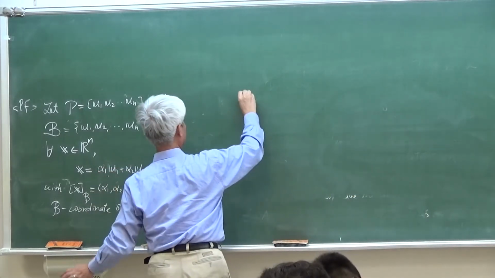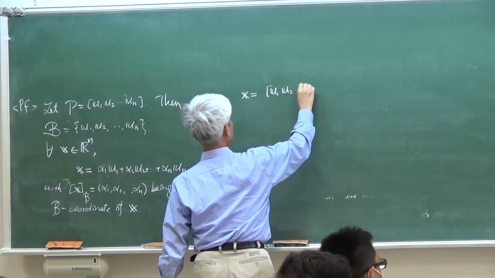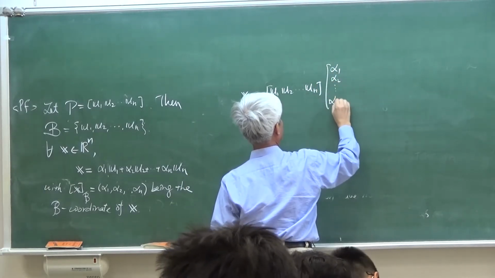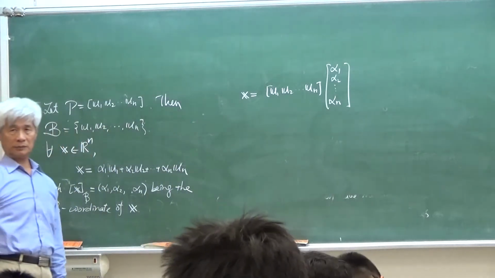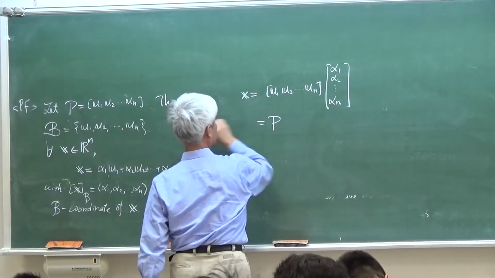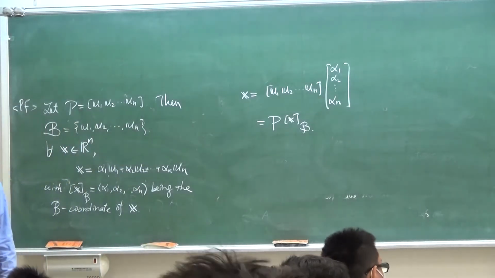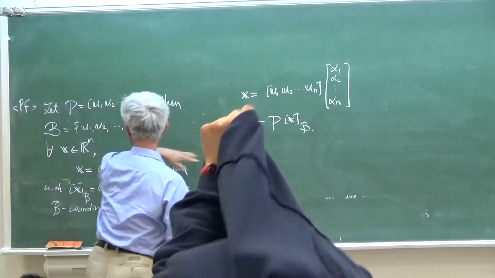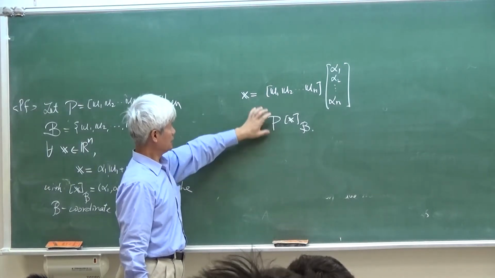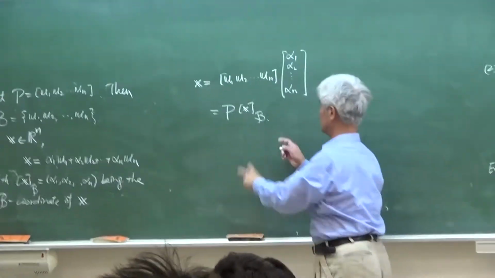So now we use this construction many times. This is the matrix P. Any n-dimensional column vector can be written as the P matrix times the P coordinate.